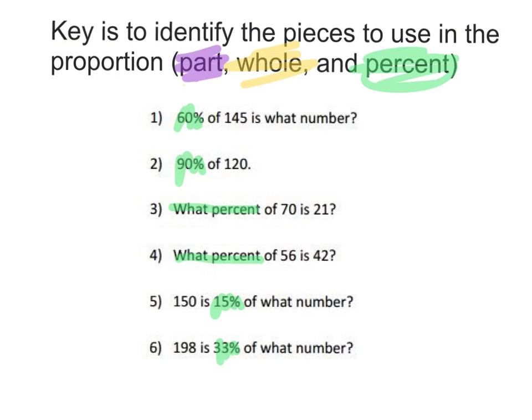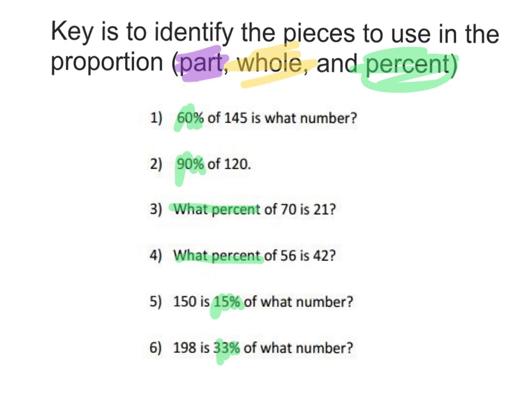Now, as we look at these others, 60% of 145 is what number? So now I have to start thinking about which of these is my part, which of these is my whole. 60% of 145 is what number? Well, I know that I'm looking for 60% of a number.